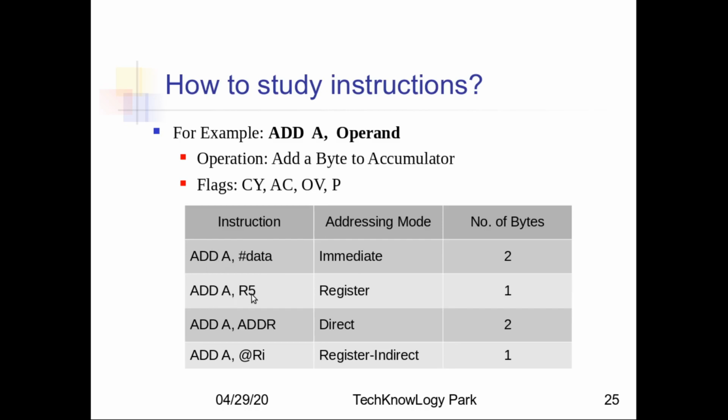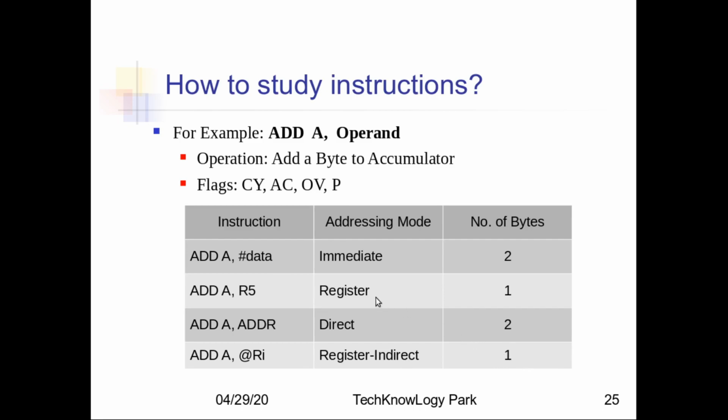ADD A, R5, this is register addressing mode, the number of bytes is 1. ADD A, addr, this addr is a direct address of internal RAM, so this is direct addressing mode, 2 bytes. And one more is ADD A, @Ri, where Ri will be either R0 or R1, the index register. So this is register indirect addressing mode, which is going to take 1 byte.